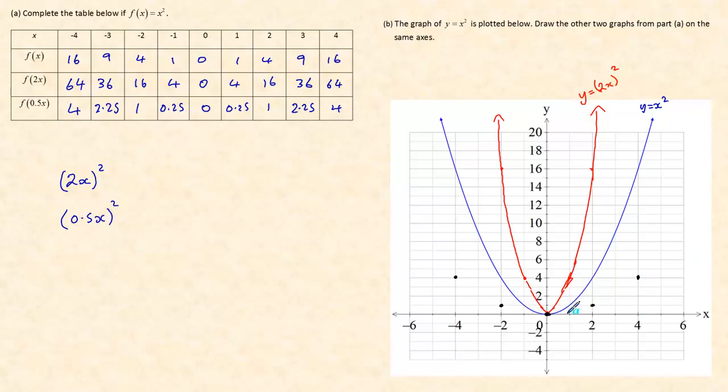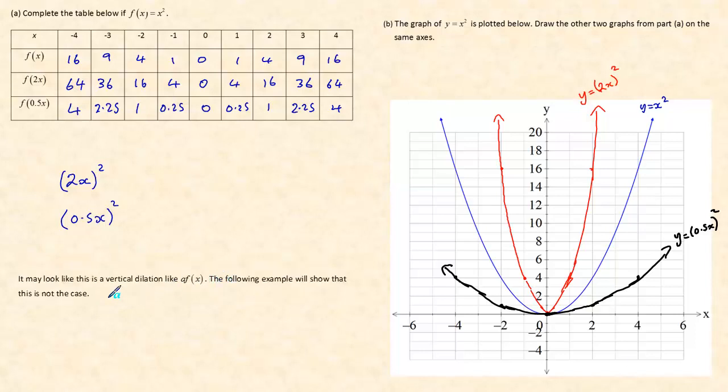Now I could put those intermediate ones in, 2.25 and so on, but I think I've got enough points here. So that's going to go something like this. And just do the best job we can of drawing it. So something like that. And this one is the 0.5x all squared.